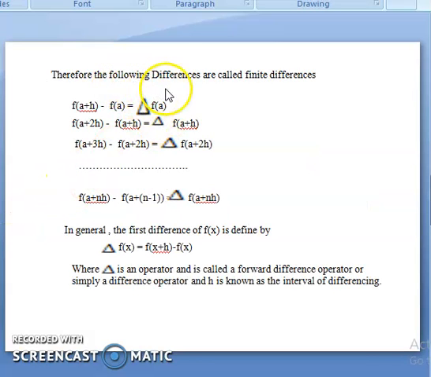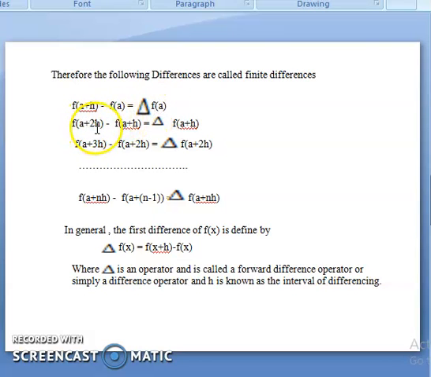Therefore the following differences are called finite differences: f(a plus h) minus f(a). The initial point of the function is f(a), the next point is f(a plus h). When we subtract the initial point from the next point, f(a plus h) minus f(a), it becomes del of f(a), meaning the finite difference of f(a).